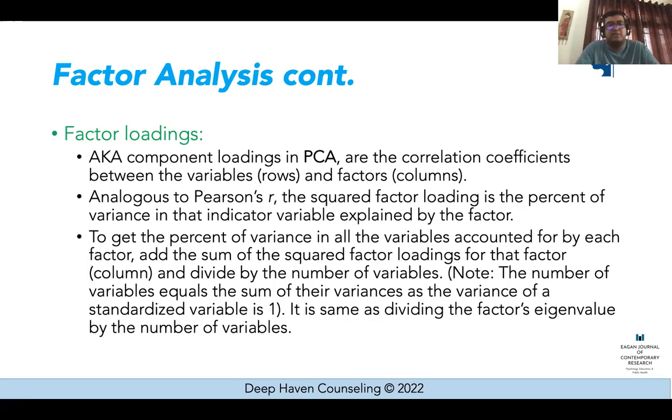To get the percent variance in all variables accounted for by each factor, add the sum of squared factor loadings for that factor, and divide by the number of variables. Before you do this, I have done this process here so that you could see the number of variables equal the sum of their variances, as the variance of a standardized variable is always 1.